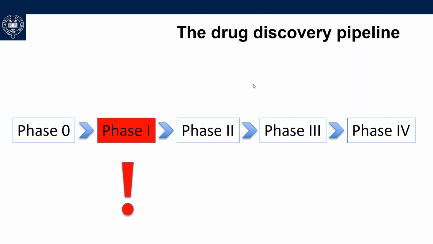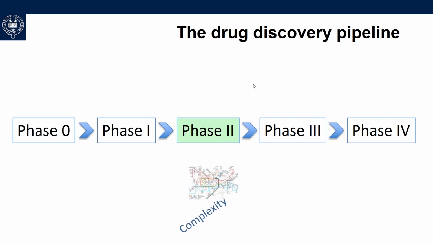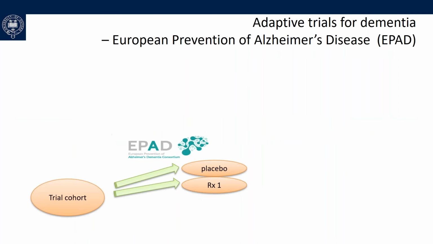Next slide. I'm now going to give you some quick examples of other phases. For phase 2, next slide, I'm going to choose EPAD, because EPAD is a great phase 2 study. Let's go through the build on this slide, if you wouldn't mind. Next build.